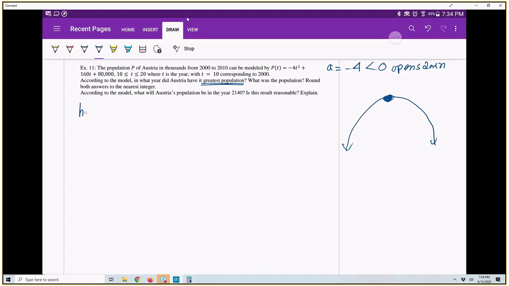Okay, so what is h? h is going to be minus b over 2a. b in this problem is 160, so it's minus 160 over 2 times a, which is -4, so 2 times -4. So I get minus 160 over minus 8, minus minus cancel, gives me 20.